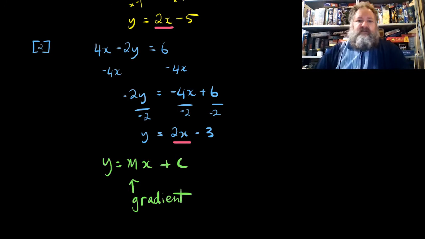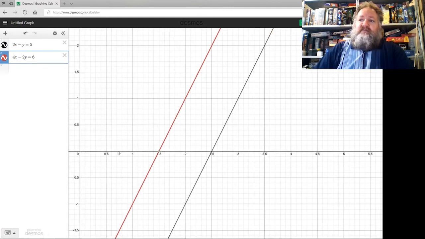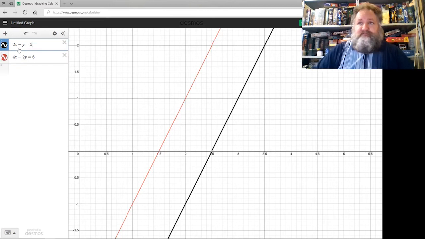Really quickly, let me show you what a graph of these two would look like. Now, this is a site called Desmos. I recommend it if you're doing any of these linear equations and graphing and that sort of stuff. It's excellent. Okay, so here I have my 2x minus y equals 5 and my 4x minus 2y equals 6.